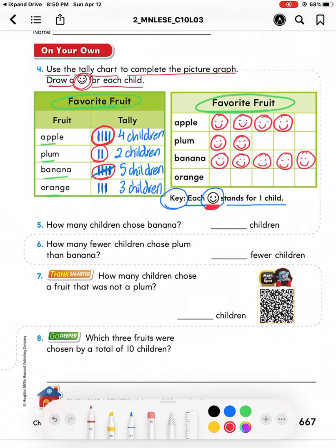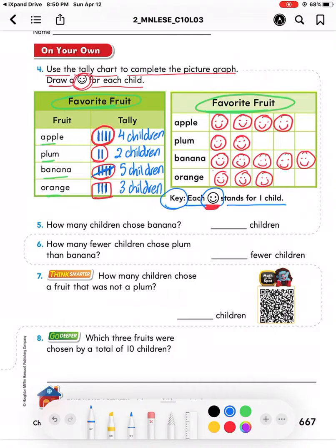What about the orange? We got 3 tally marks or 3 tallies, which means 3 children. So we will draw 1 smiley face for each child. So we will draw 3 smiley faces.